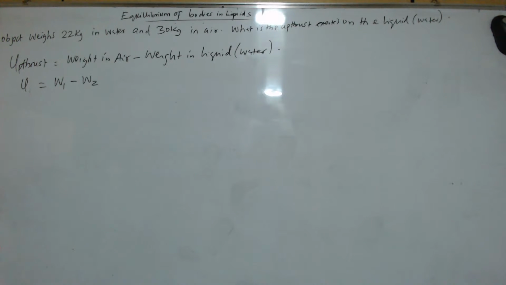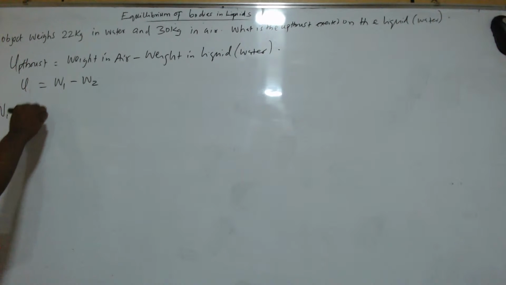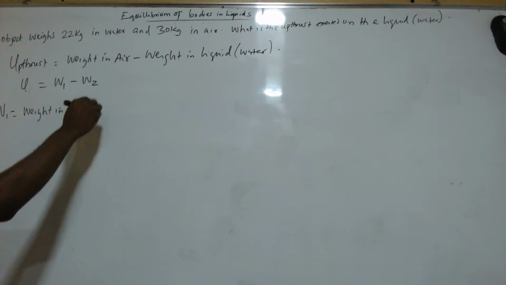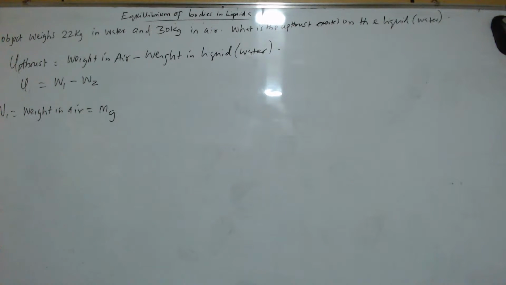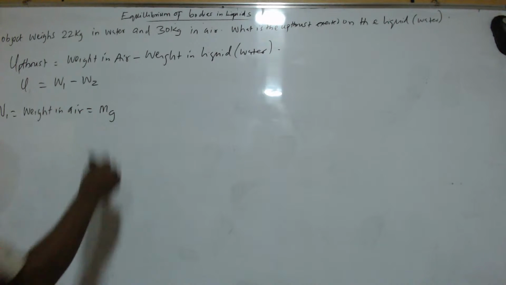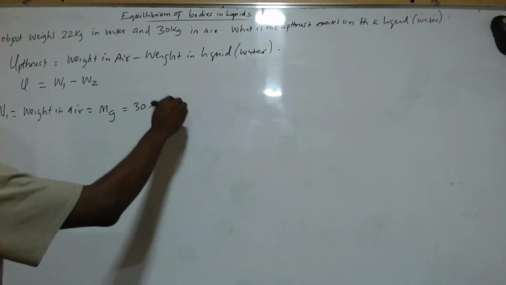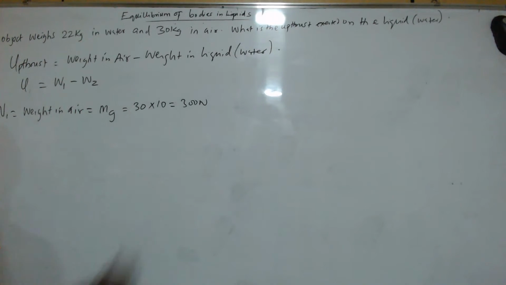So how do we calculate W1, which is weight in air? W1 is weight in air and is equal to what? mg. So our weight in air will be equal to 30 times 10, which is 300 Newton.